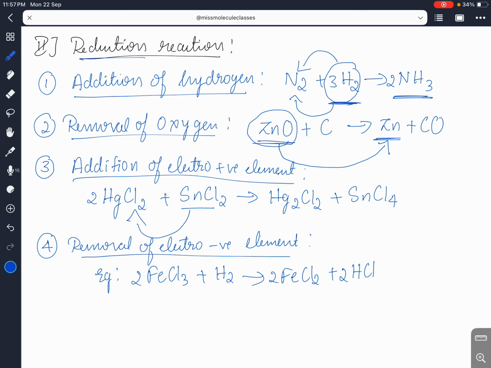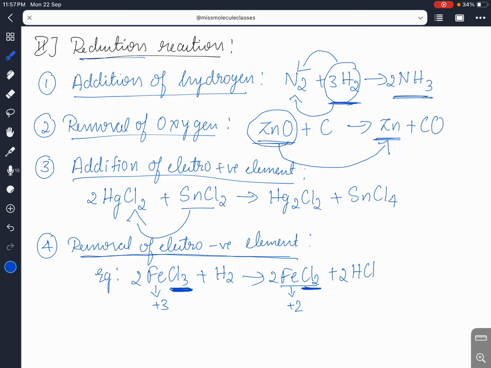So here, why is it ferric chloride? Because the oxidation state of Fe is +3. Here it is ferrous chloride because the oxidation state of iron is +2. Now, what I have told is that removal of electronegative element is termed reduction reaction. You can observe here there are 3 Cl present, whereas on the right hand side, the product side, there are 2 Cl present.